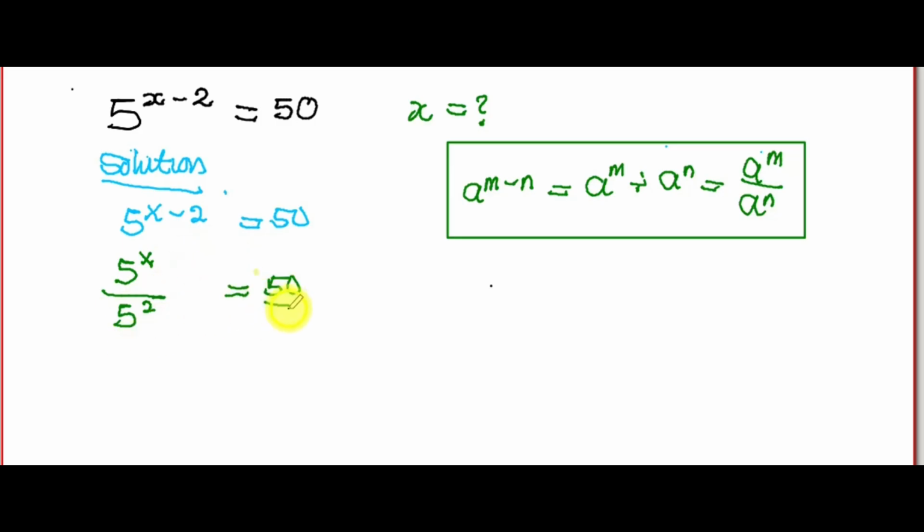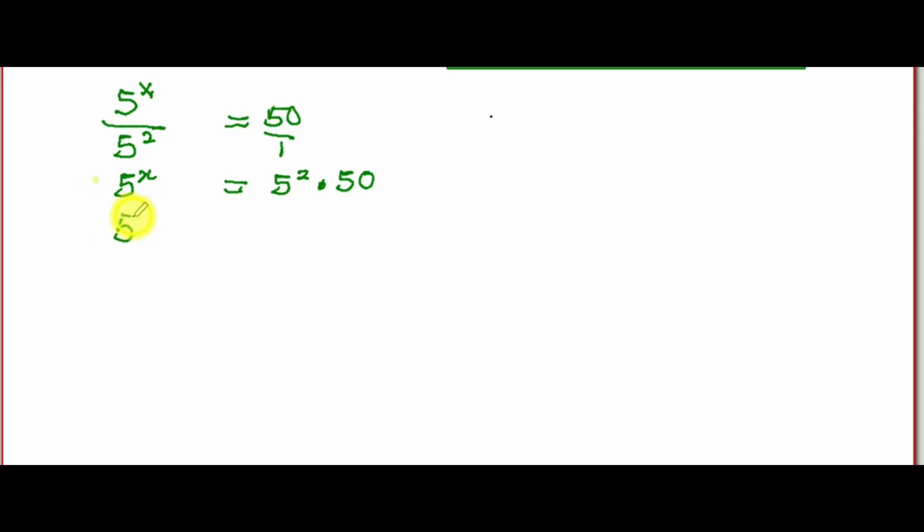So we make this 1 over 1 and cross multiply. When we cross multiply, 5 raised to the power x times 1 gives us 5 to the power x equals 5 raised to the power 2 times 50, right? 50 can be written as 2 times 5 squared, right?